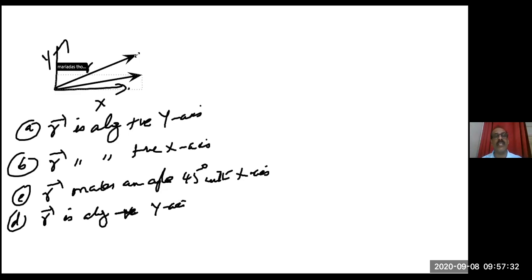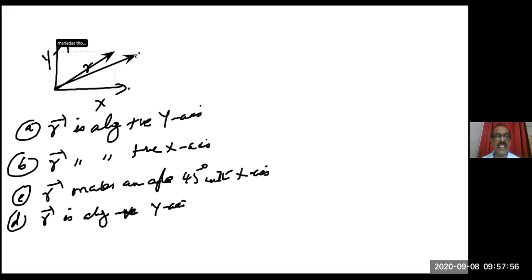See that dotted line? The x component is increasing, the y component is decreasing to 0. I'm increasing the angle, and when it reaches the y-axis, only y is there and x becomes 0. You understood?